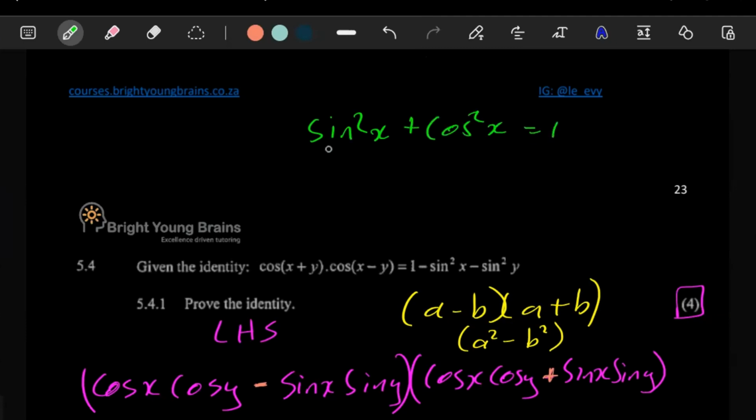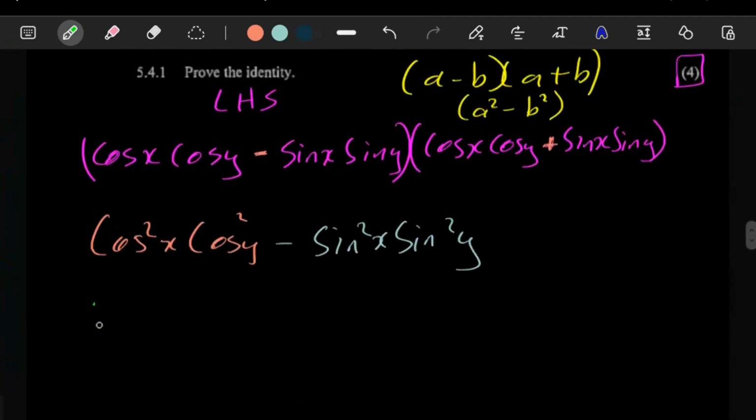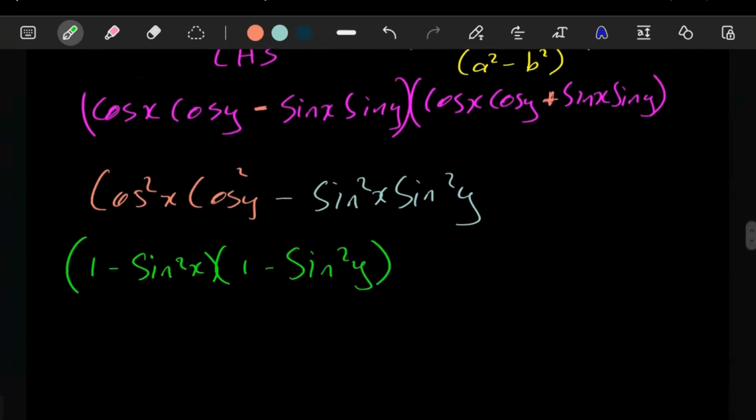So if you leave the cos here, it's going to be 1 minus sine squared x. And this also you can say 1 minus sine squared y. And then this is like minus sine squared x, and then sine squared y.